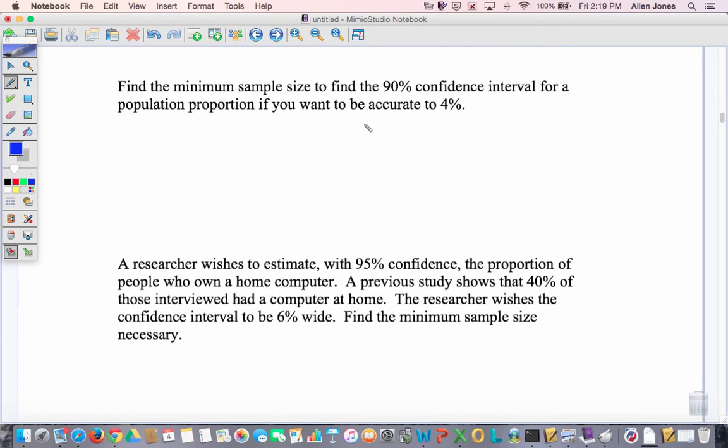We'll see that a second time right here. Find the minimum sample size to find the 90% confidence interval for a population proportion. Proportion tells us to use that formula, P hat, Q hat, our z-score over max error of estimate squared, if we want it to be accurate within 4%.